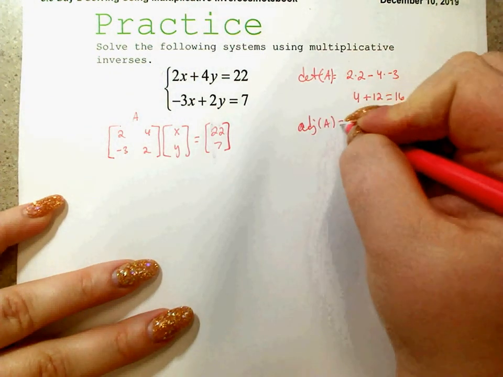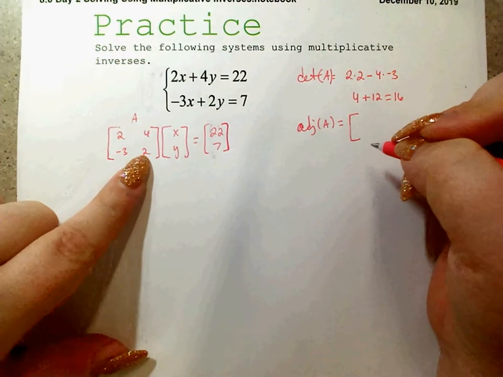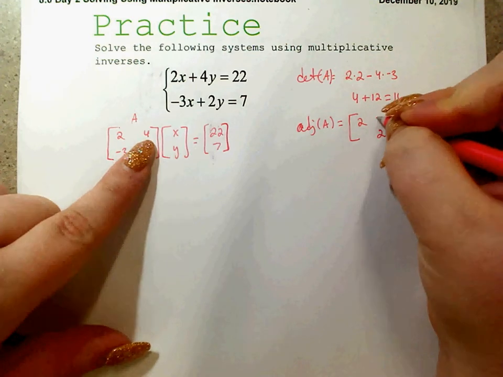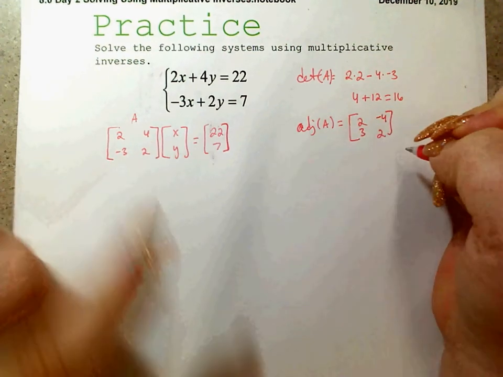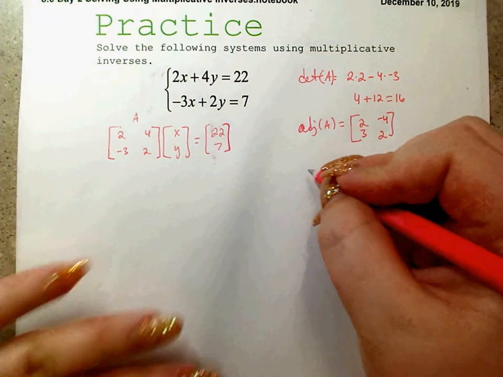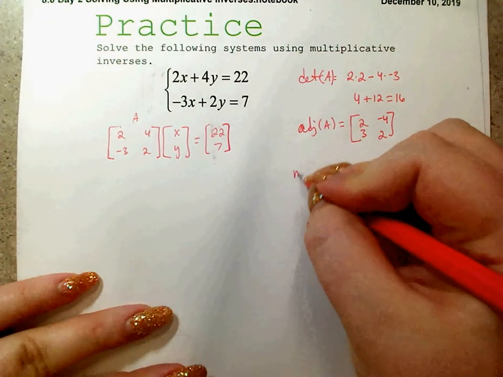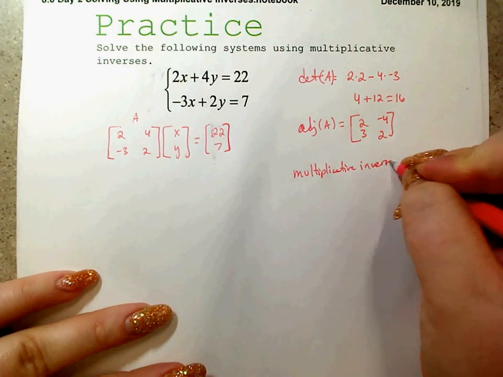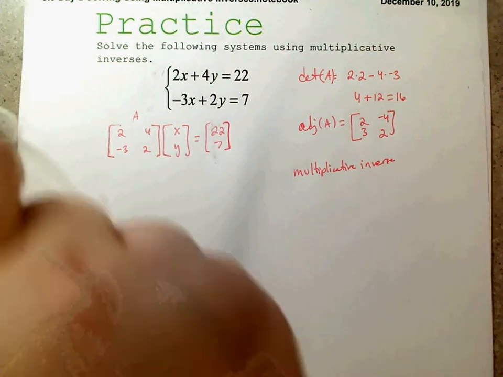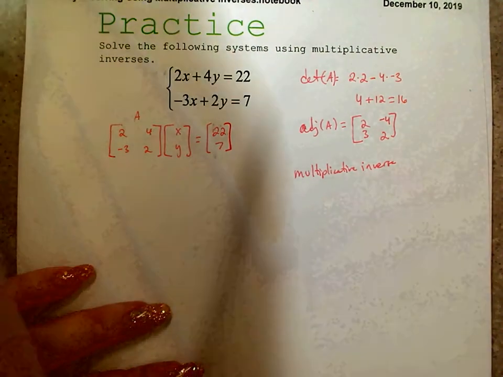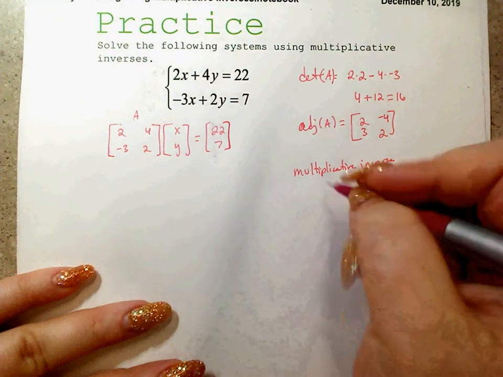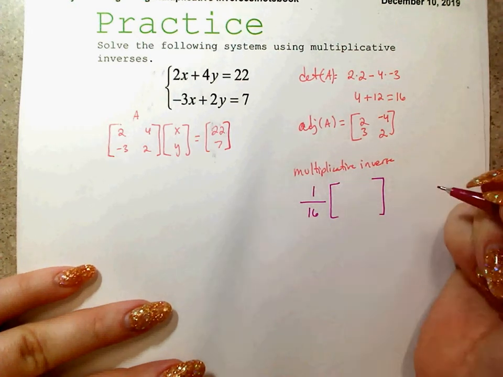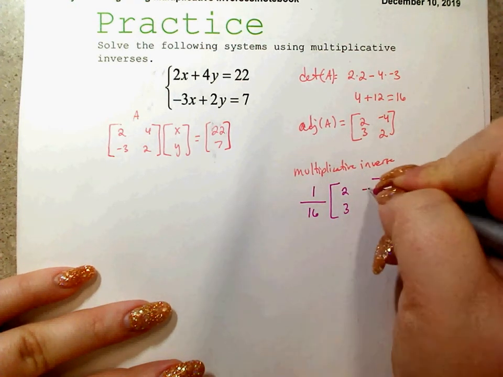The adjugate is where we switch the a and the d, and those are in fact the same, so it doesn't matter. We change the sign of this, we change the sign of that, and then the multiplicative inverse is where we multiply 1 over the determinant, so 1/16 times the adjugate, which is 2, negative 4, 3, 2.